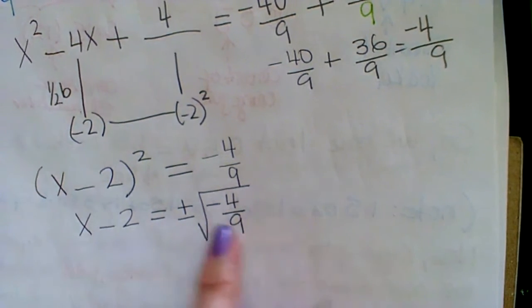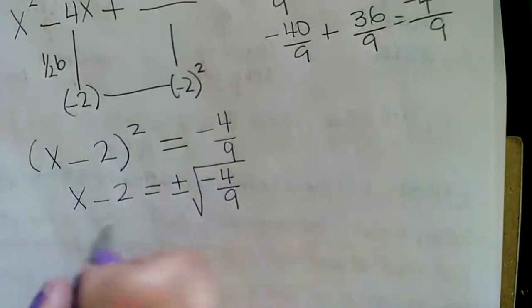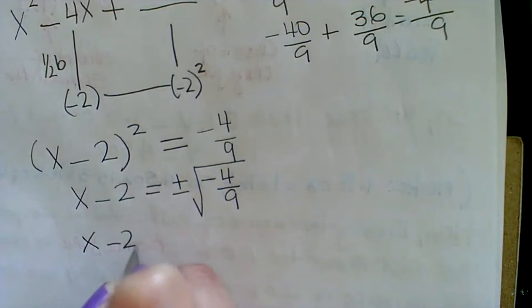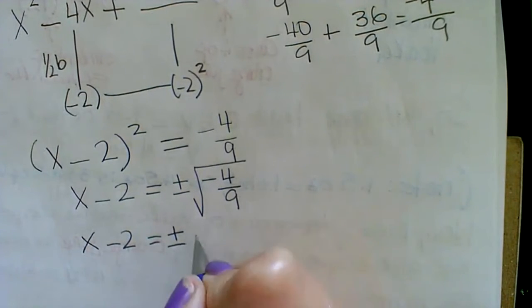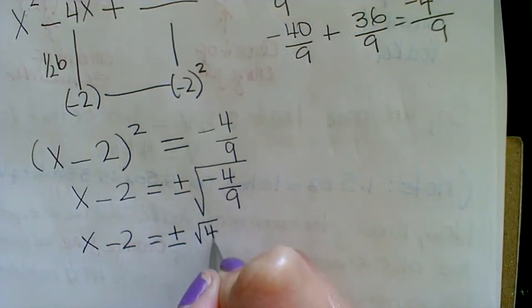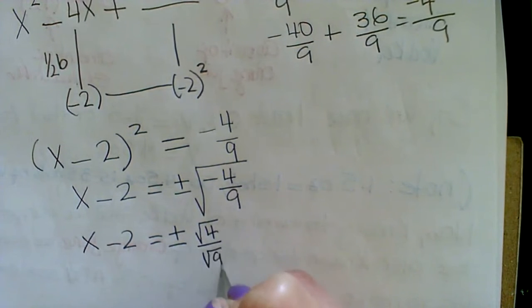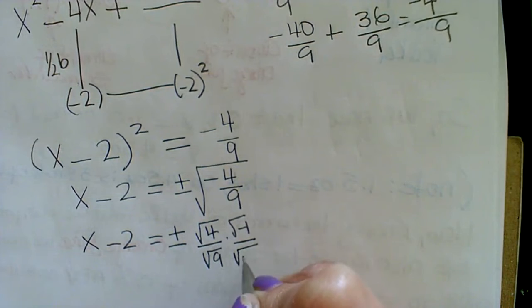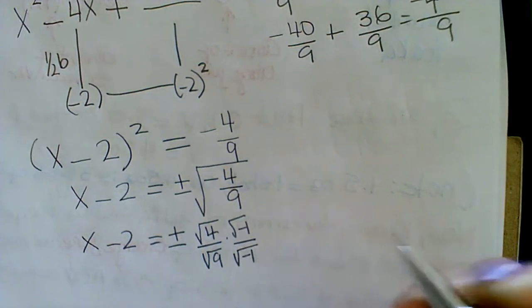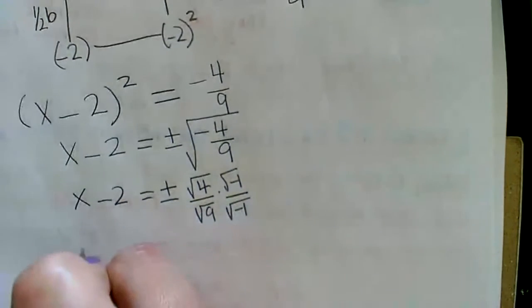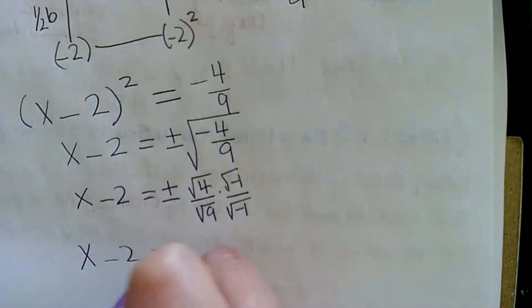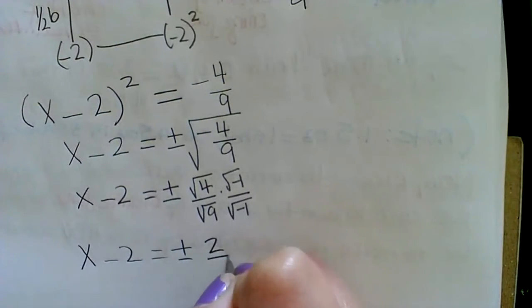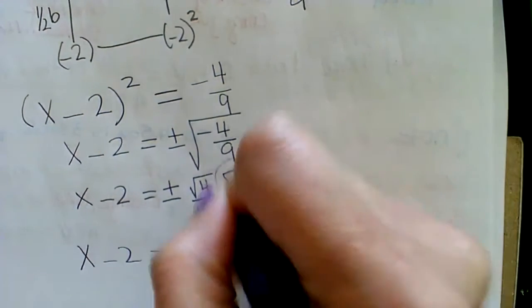Okay, let's deal with this part first before we move the 2. So this is equal to what? The square root of 4 over the square root of 9. Right? So what's the square root of 4? It is 2 over 3. And what is this?